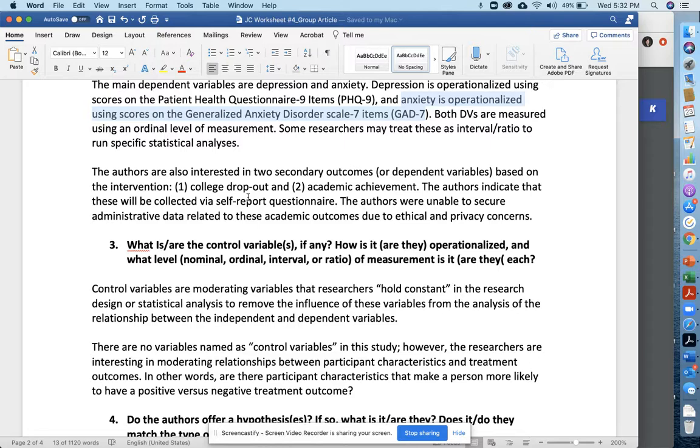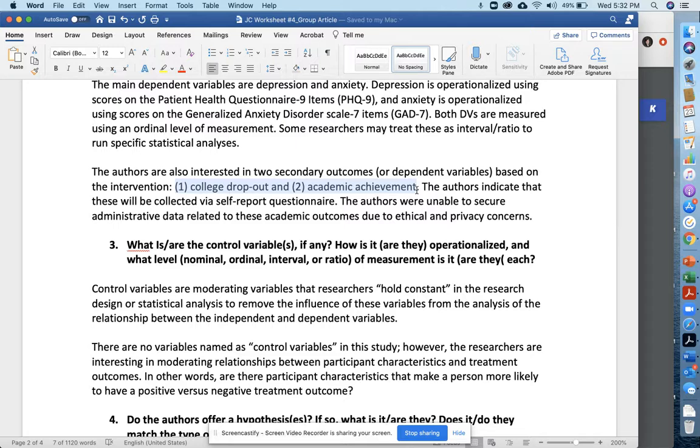You also may want to include that they were interested in some of these other outcomes. And two of particular interest are college dropout and academic achievement, because these researchers chose to use a self-report questionnaire where they developed their own questions about dropout and academic achievement rather than using existing records.